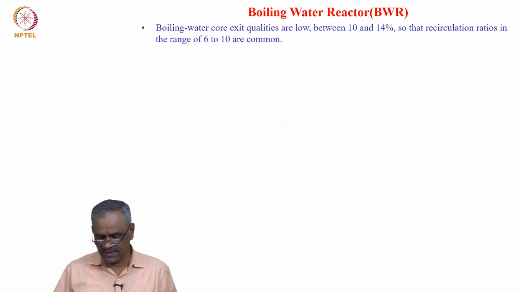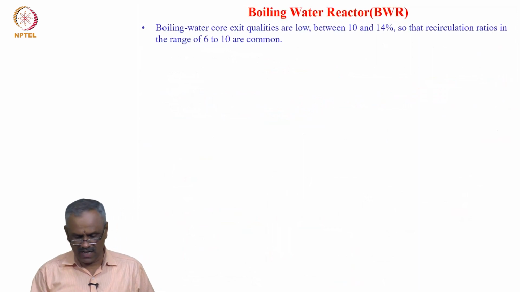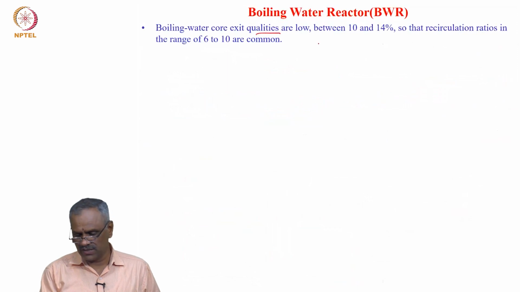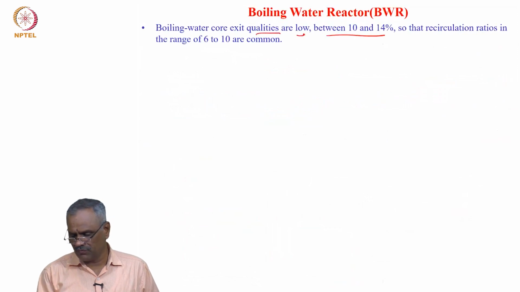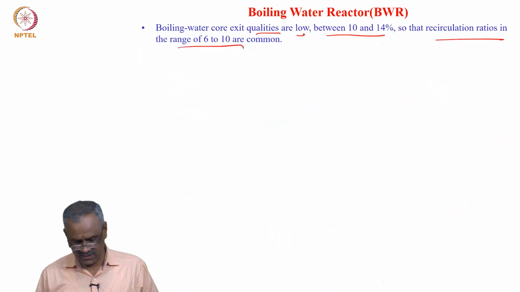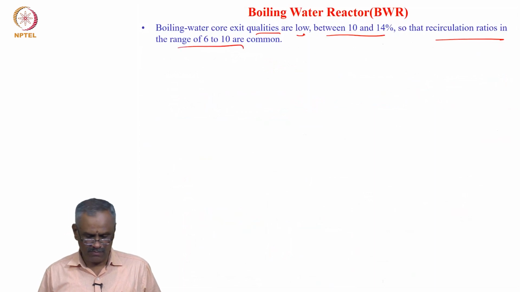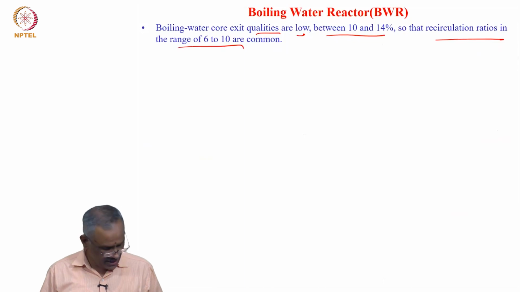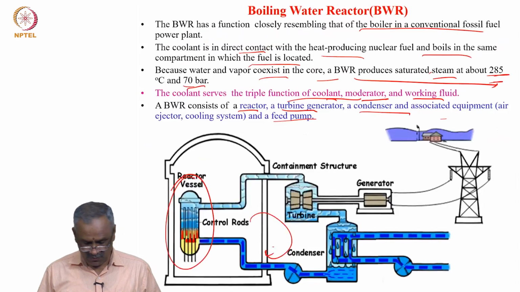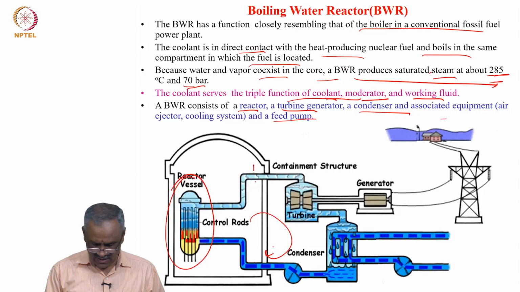In boiling water reactors, as already mentioned, the core exit quality is low, between 10 and 14%, so recirculation ratios in the range of 6 to 10 are common. What is the meaning of this? Suppose you do not get the required steam here, what you do is bring it back here and recirculate it.